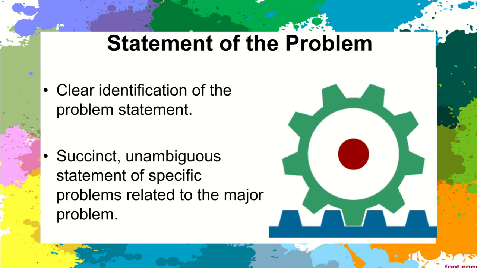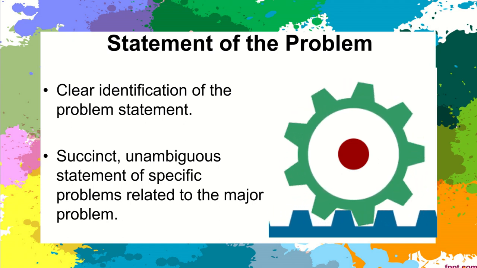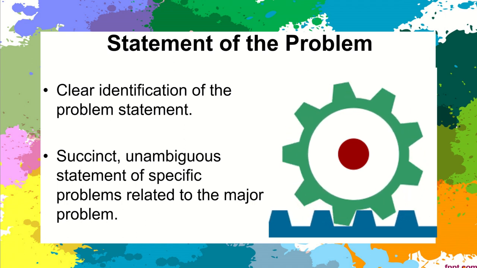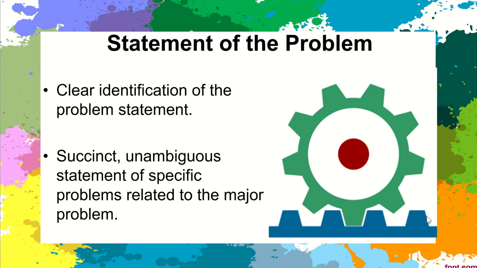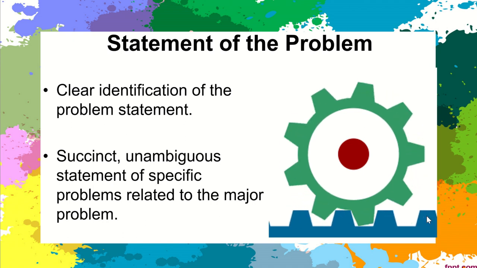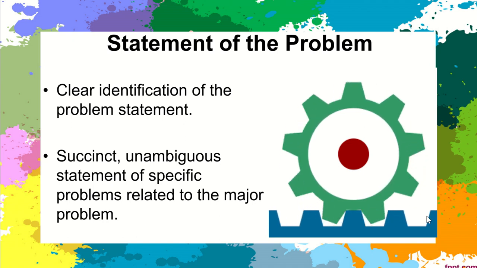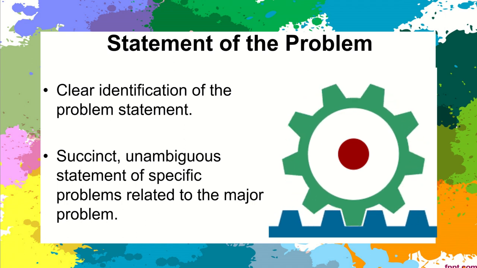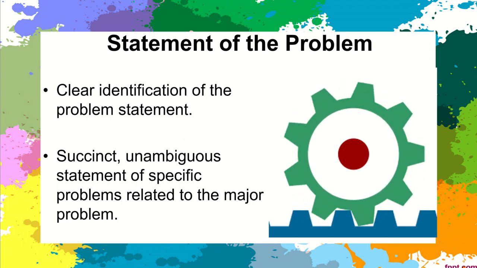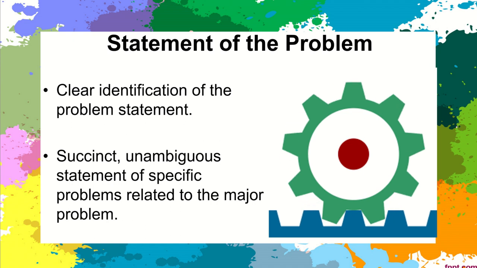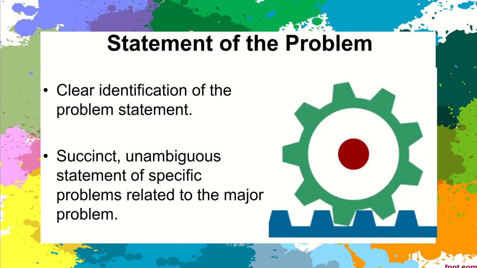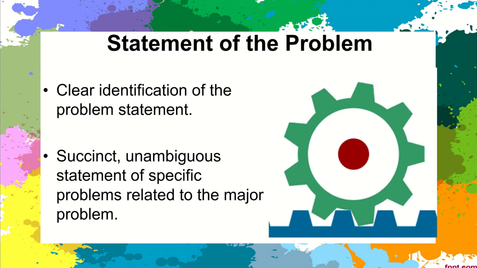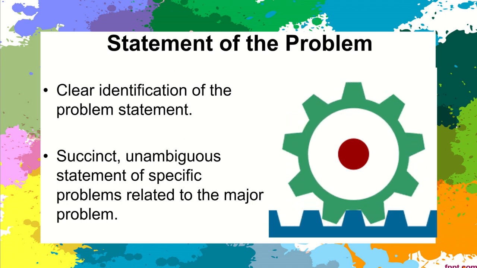Basically, you have the general problem statement or your purpose statement and your specific questions. This is very important because it will provide the direction for your research work, our SOP. So it should be written well and clear for you as researchers, on what you want to pursue, the topic or the problem that you have identified.